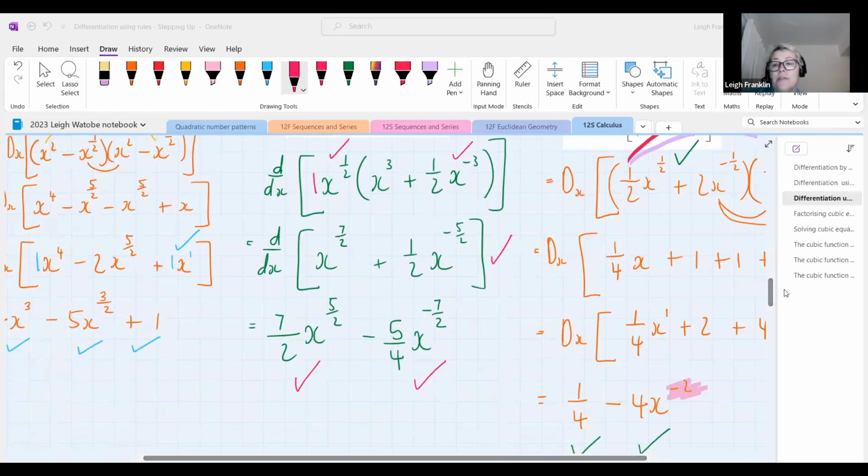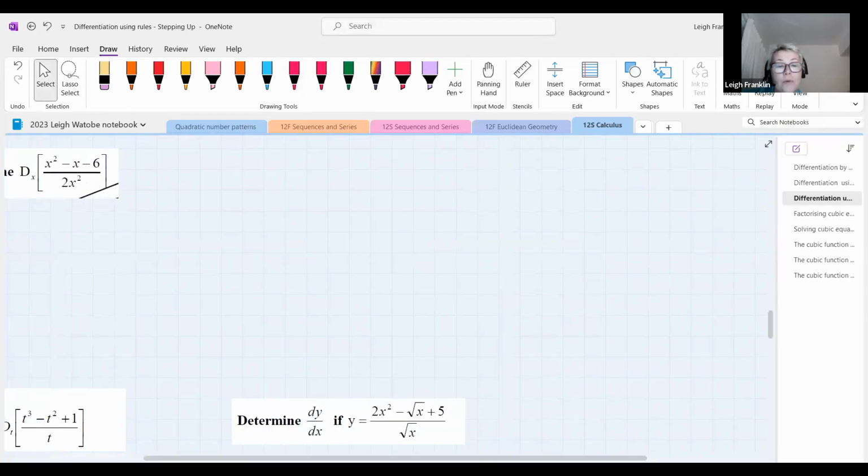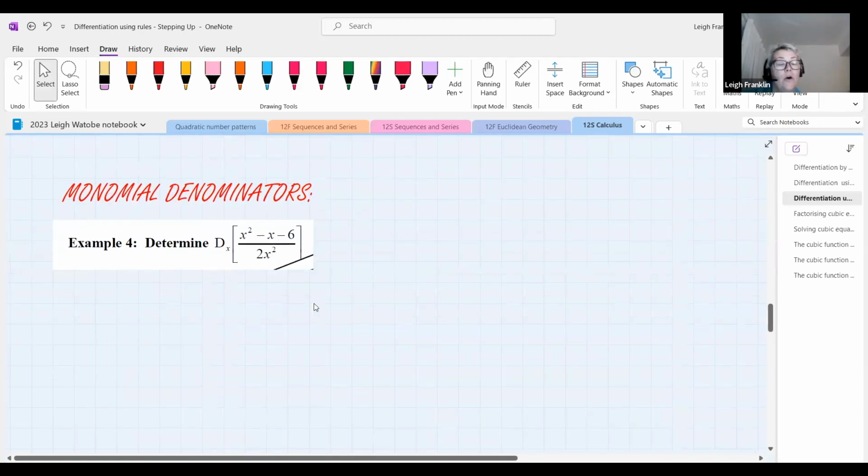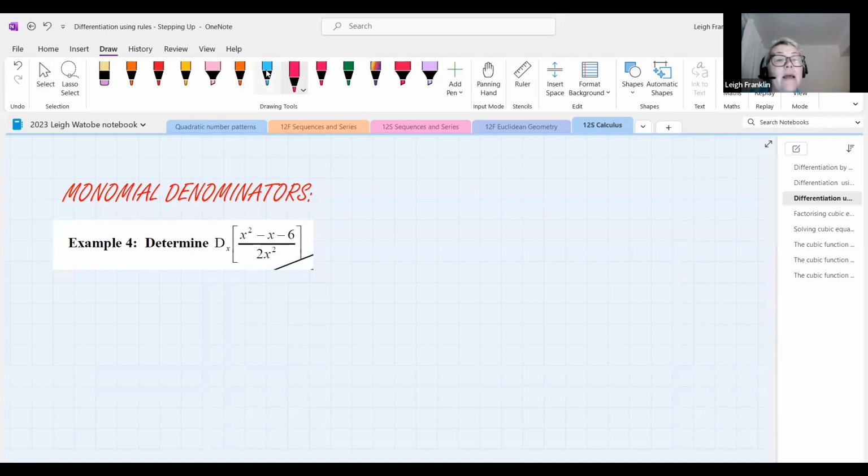All right, matrix. Let's move on and talk about what would happen if we have a monomial denominator. Okay, so when you have got a monomial denominator, it's like having this, for example. Let's say you had 1 plus 2 plus 3, and all of that was over 5. You can write that as 3 separate fractions.